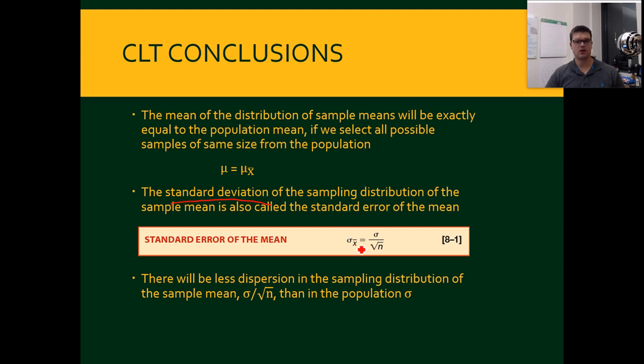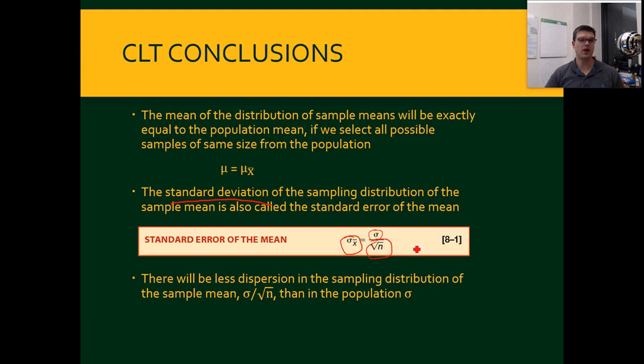Okay, and the way that you calculate that, well, first of all, it is signified by sigma sub x bar, and in order to calculate sigma sub x bar, you take sigma, which is a population parameter, and then you divide it by the square root of n, which is the square root of the sample size.